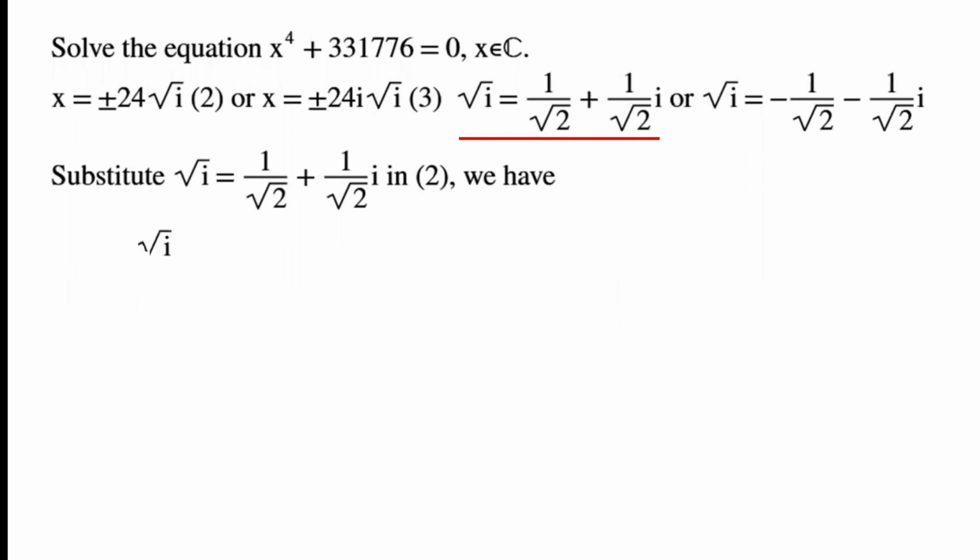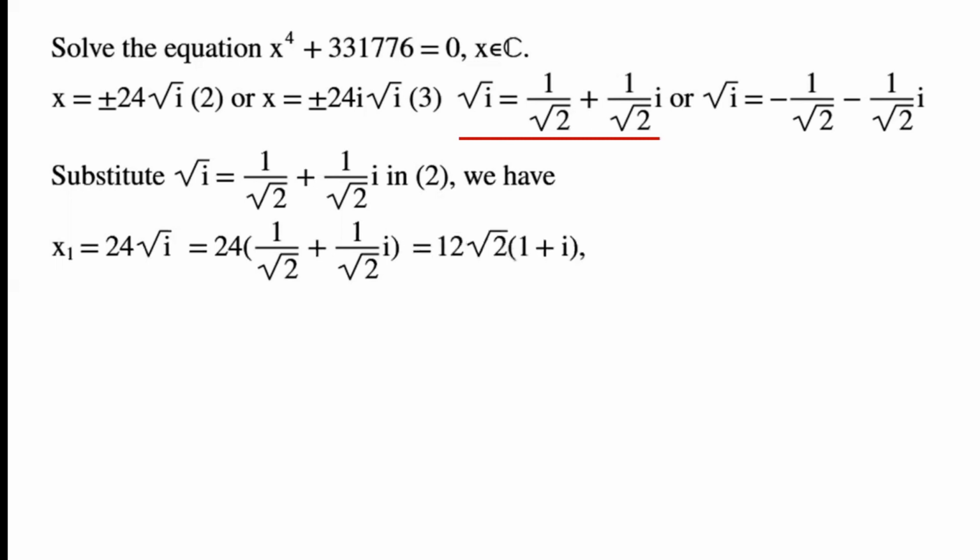We have x1 equals 24 times root i, which is equal to 24 times 1 over root 2 plus 1 over root 2 times i, which can be written as 12 root 2 times 1 plus i.